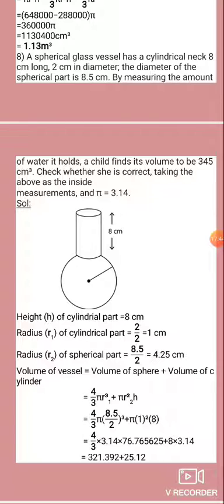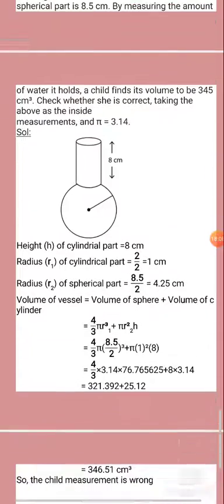Now 4 by 3 pi value 3.14 into 8.5 by 2 the whole cube is what? 76.76 into pi, plus pi into 1 square into 8, with pi value 3.14. So at last when we cut it to the lowest form, then multiply it and divide it. At last what we get? 321.392 plus 25.12.